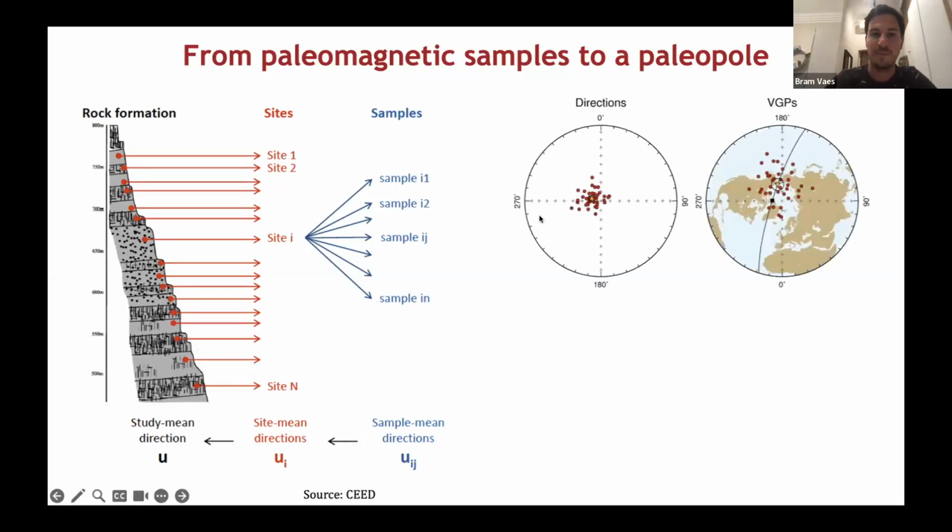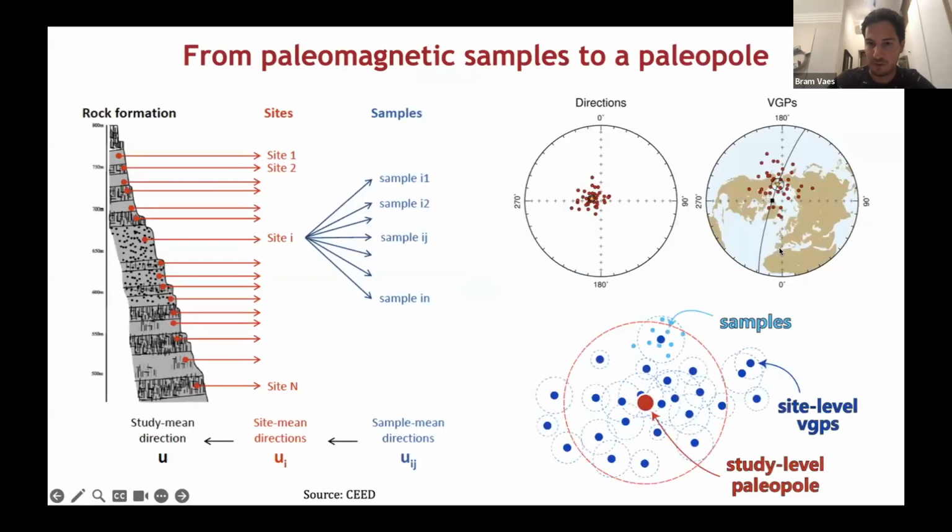You obtain a set of paleomagnetic directions measured from each sample, and to use this data for making a paleogeographic reconstruction, you often convert these directions to a past pole location, the location of the geomagnetic pole, and then average all those different measurements to obtain an estimate of the time averaged magnetic field.